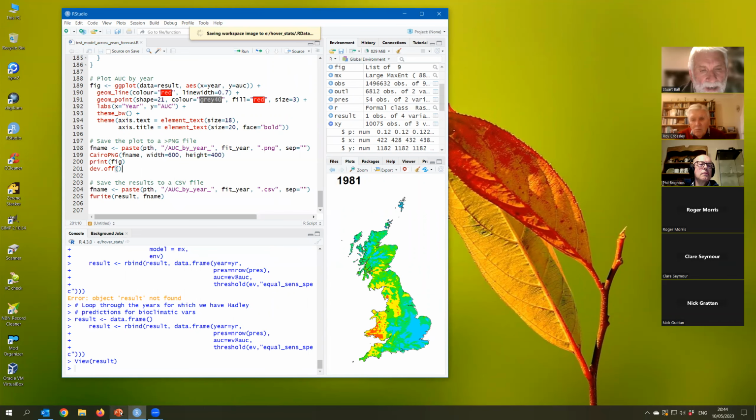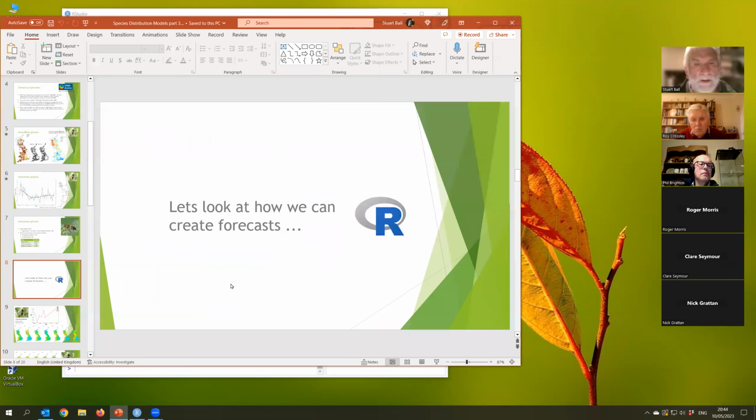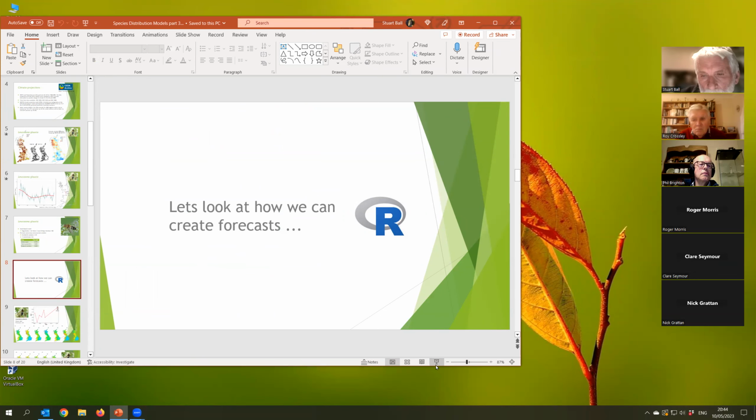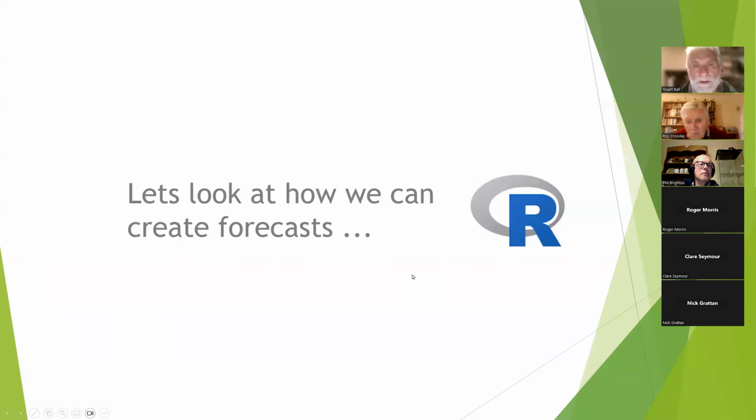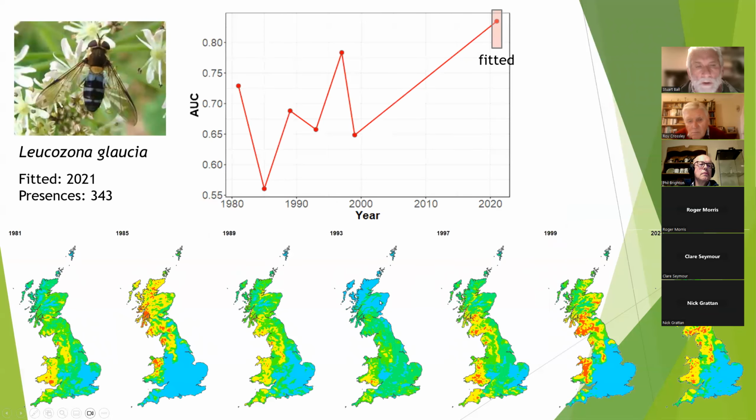So let's go back into the PowerPoint and have a look at what we get. So here's the results for Leucozona glaucia with the model fitted in 2021 and then predicted to these various years according to the climate model.